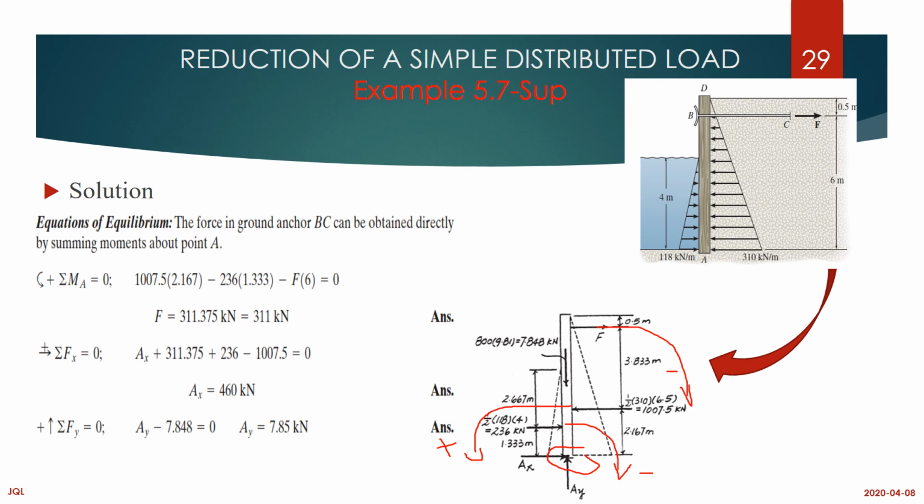The 236 is going in the same line with F, which is 311, positive. Then the unknown is AX, which is this. Using your simple mathematics, you'll be able to get it. Then you do the same summation of forces in the y, and you are done.